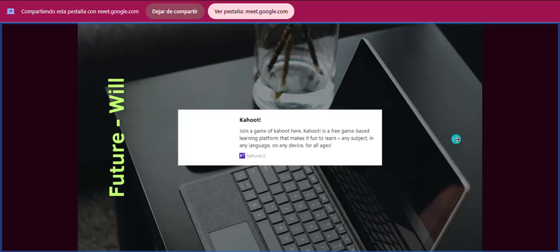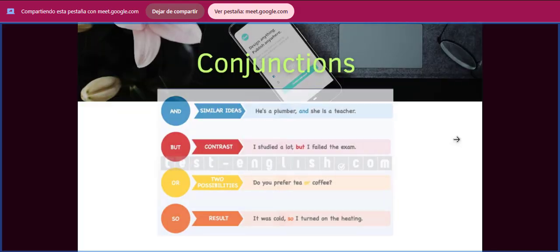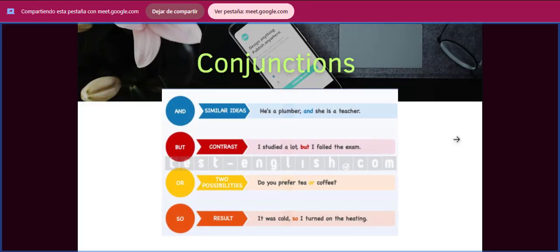Okay, so let's continue with the second part. As I told you, we are going to study two different elements now, that are the conjunctions and the suggestions, giving suggestions or pieces of advice to people. And for the conjunctions, in this case, we will go over four of the most basic ones.